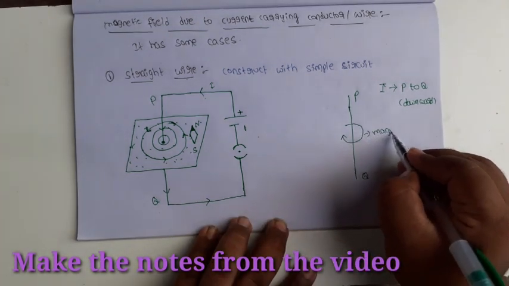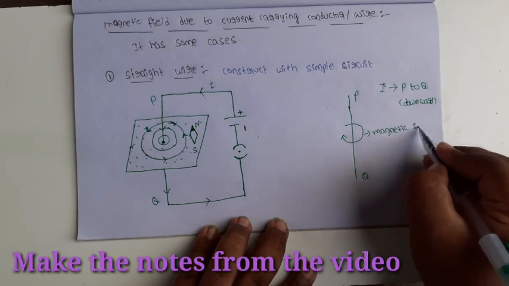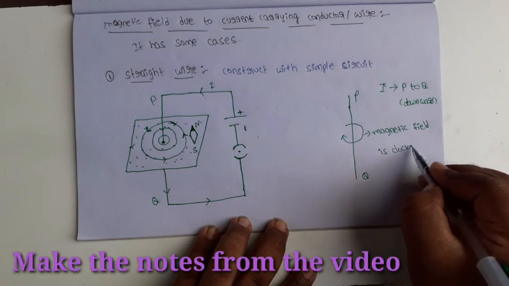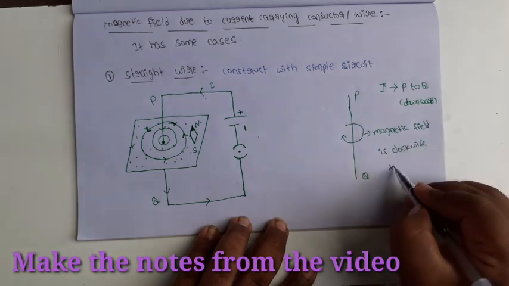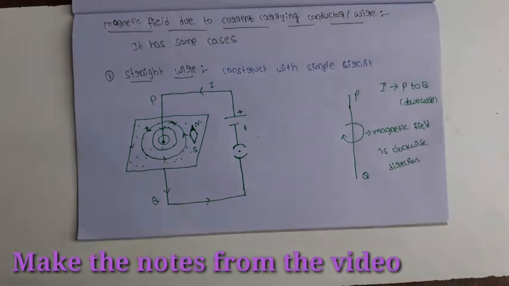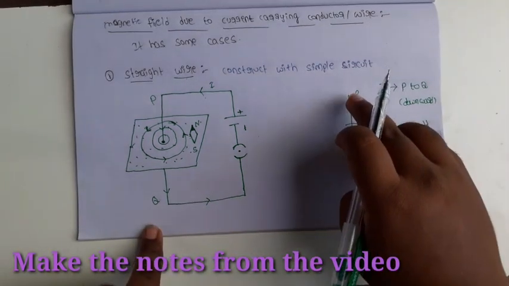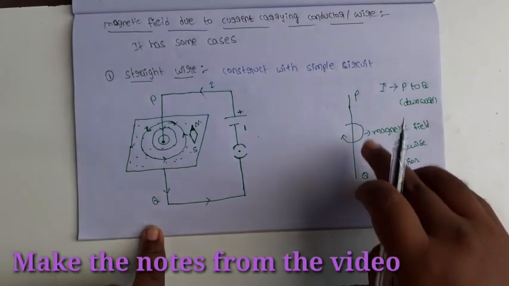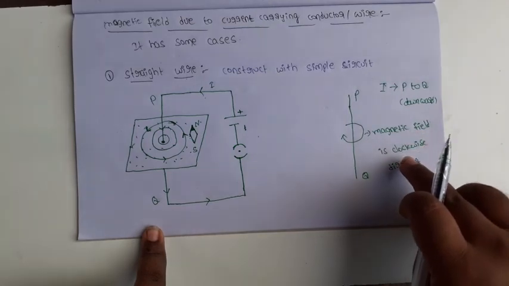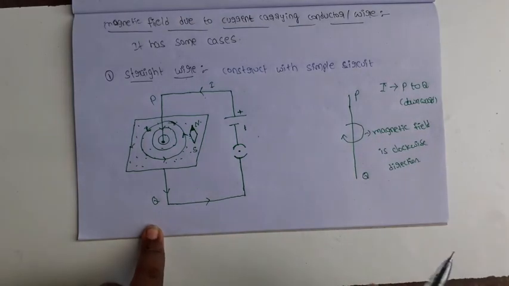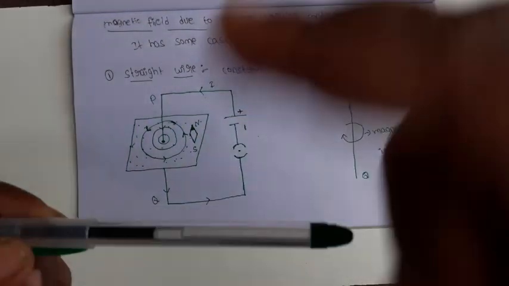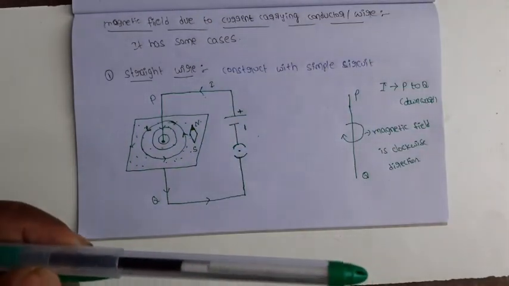So what we understand: when current flows in the conductor in the downward direction, the magnetic field is in the clockwise direction, like this.